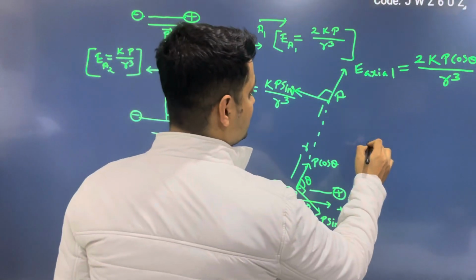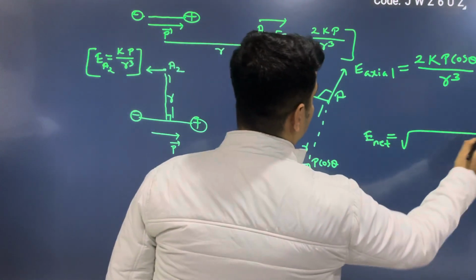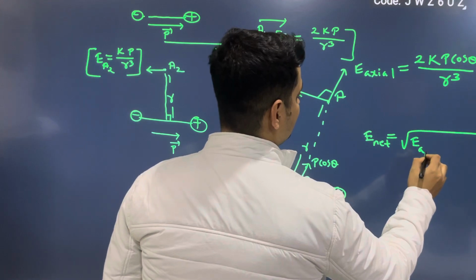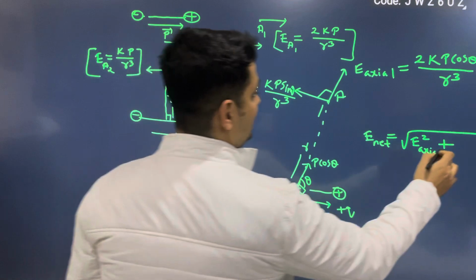So we can find E net here. What is E net? E net will be root under E axial square plus E equatorial square.